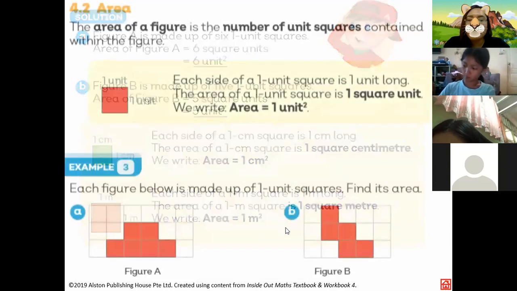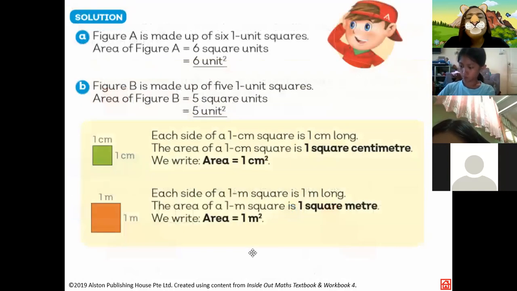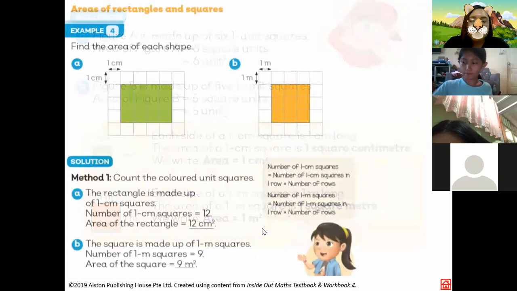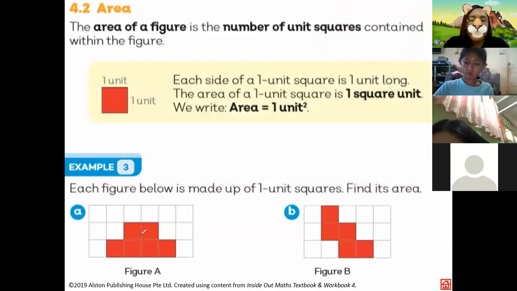Let's go back to the previous page. It says here that figure A is made up of 6 1 unit squares. So let's count. 1, 2, 3, 4, 5, and 6.